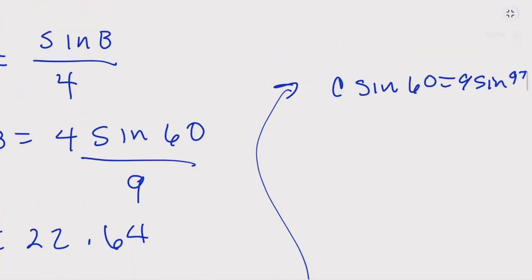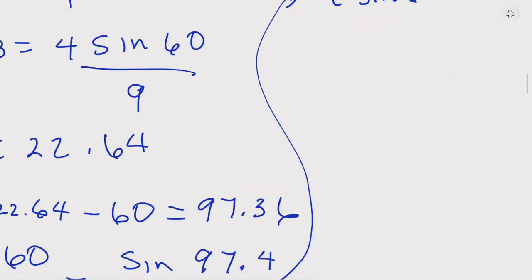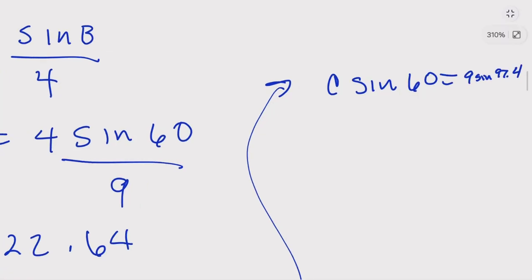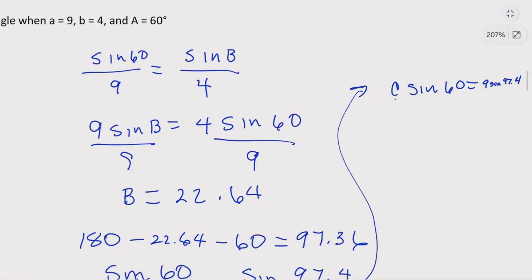I did not give myself enough room. Then divide by the sine of 60. And I get c equals 10.31.